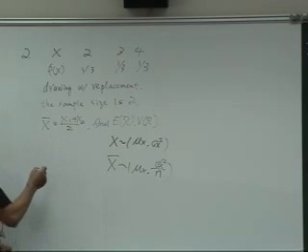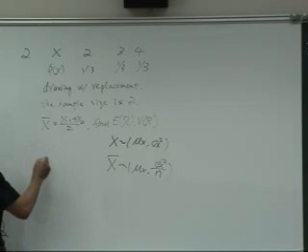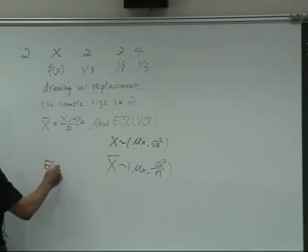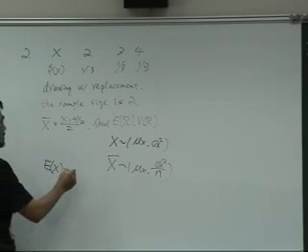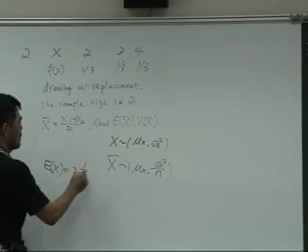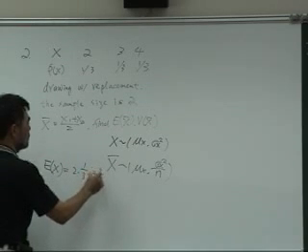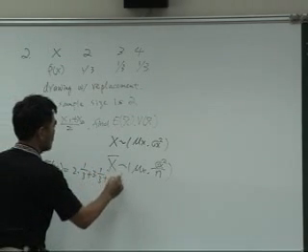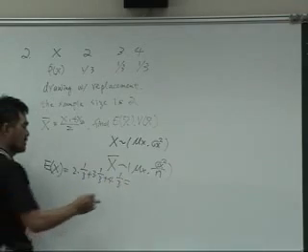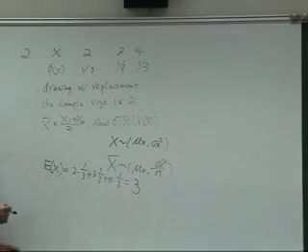Okay, so let us try. You can have the expectation of X, right? What is the expectation of X? 2 times 1/3, 3 times 1/3, 4 times 1/3. So how much is that? 3, right? What about the variance of X?